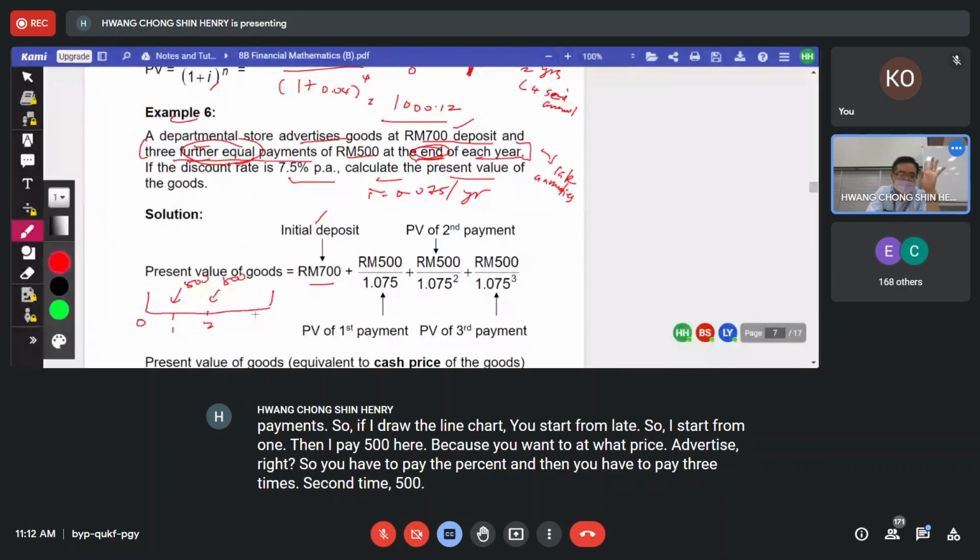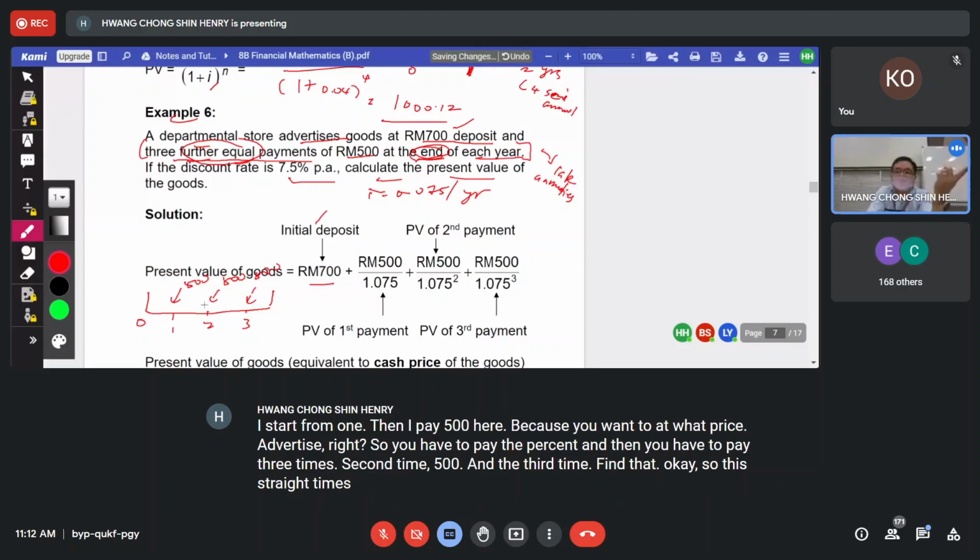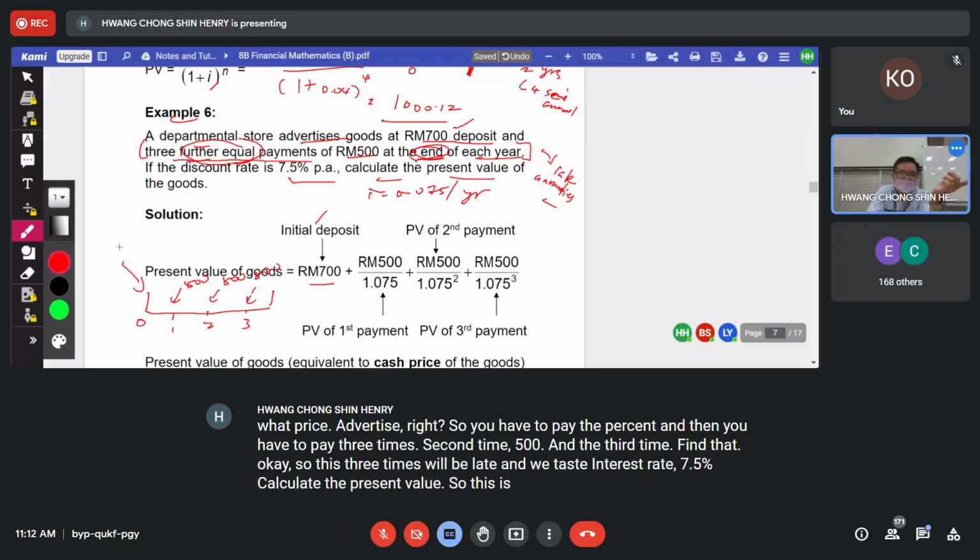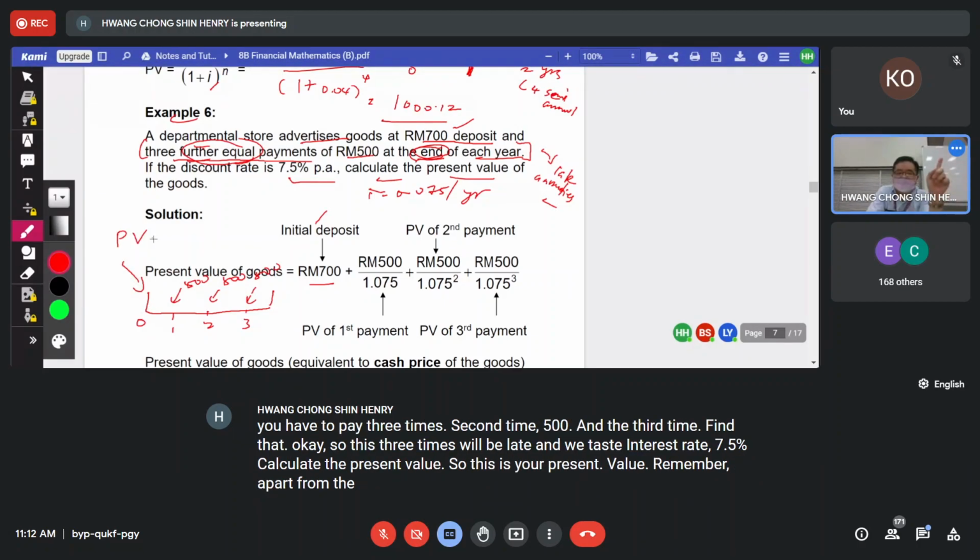And the third time, 500. Okay? So these 3 times will be late annuities. Interest rate 7.5%. Calculate the present value. So this is your present value. Remember, start from the beginning.